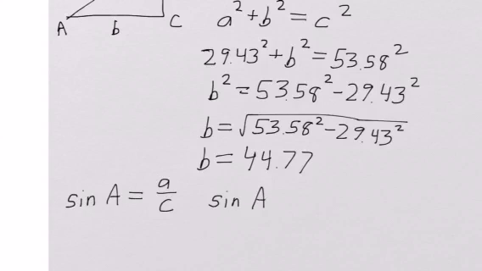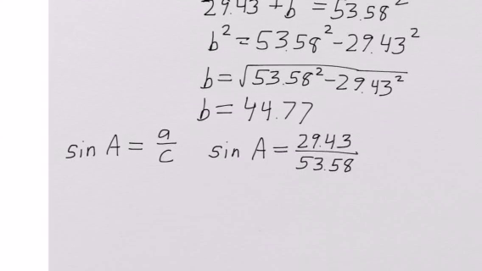So the sine of A is equal to 29.43 over 53.58. When we do that division, I get the sine of A is equal to, and I am only going to write this to 4 decimal places, 0.5493.